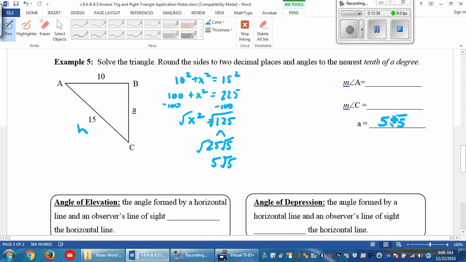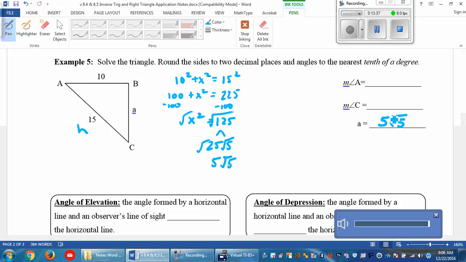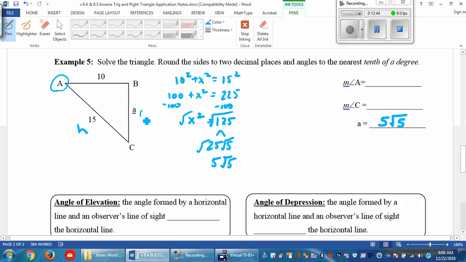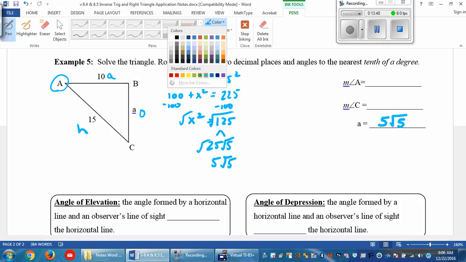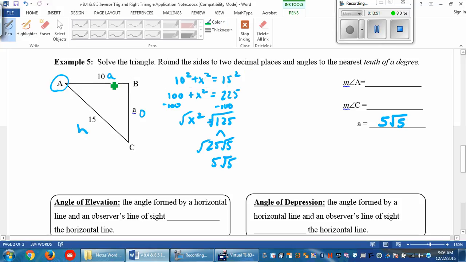To find the missing angles, which is A and C this time, so we're looking at, if we went from A, this would be the opposite side, adjacent side, hypotenuse. So let's look at doing the A and the H. So that's the cosine of angle A is equal to 10 over 15. So we do inverse cosine, 10 divided by 15.